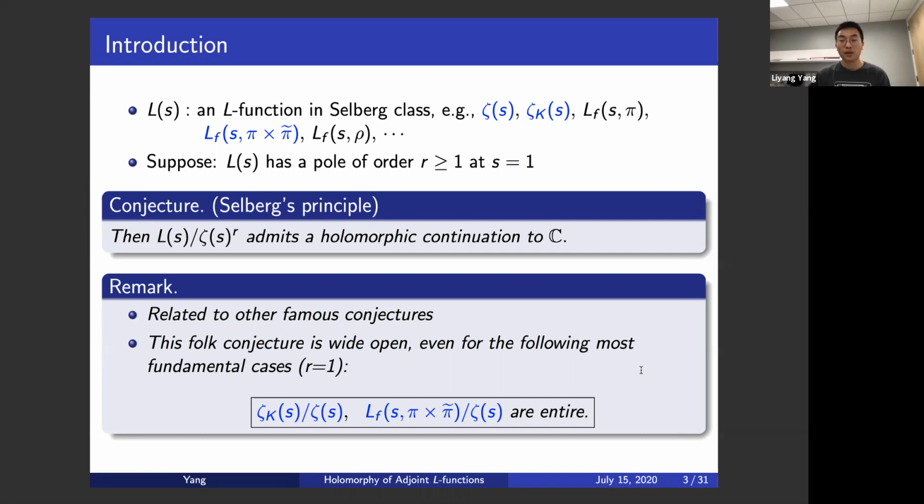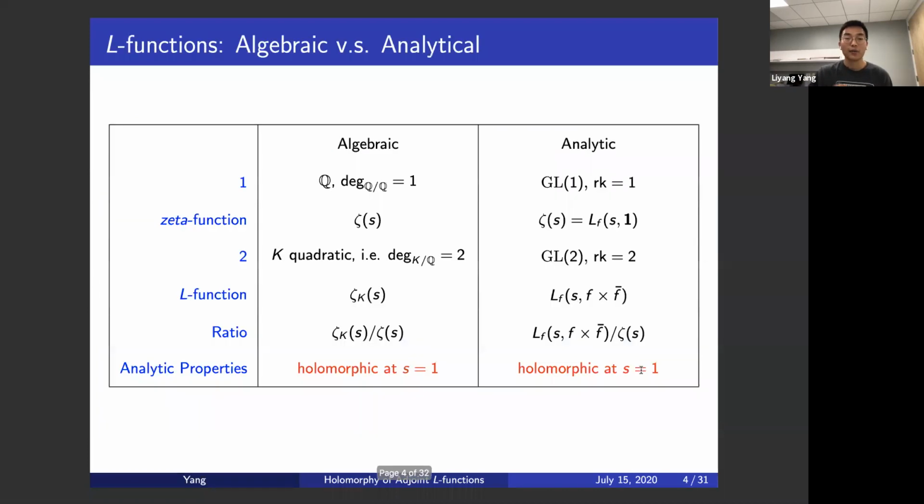So let's look at the simplest case, when K is a quadratic extension and pi is some modular form. In this case, we have the following symbol table. Since the Dedekind zeta function, Riemann zeta function, and the Rankin-Selberg function all have a simple pole at s equal to 1, these ratios should be holomorphic at s equal to 1, as they are just meromorphic functions.